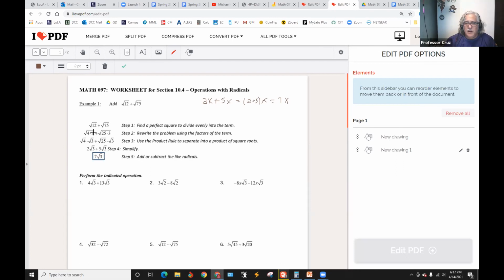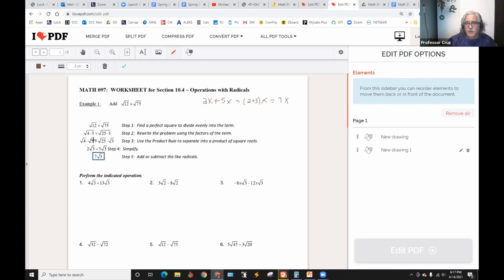So 3, that factor that goes with 4 to make 12, we can divide into 75 and see that we got 25, which is another perfect square. So 75 can be written as 25 times 3. Now we break it apart into 2 separate radicals.